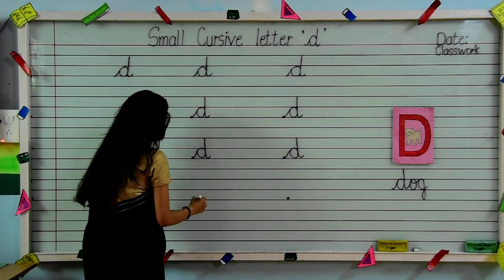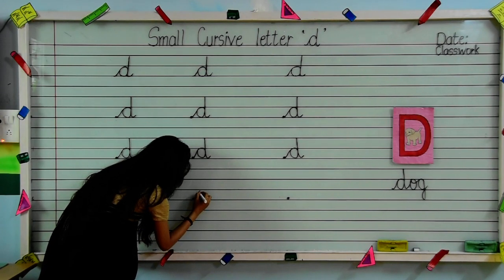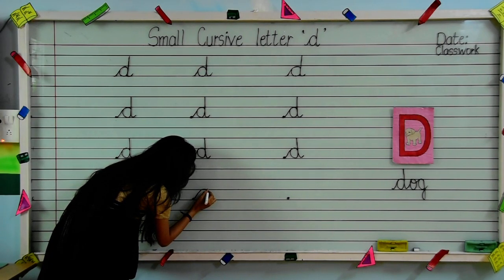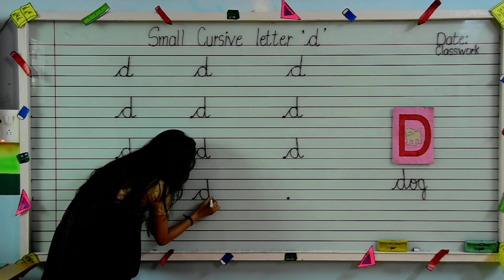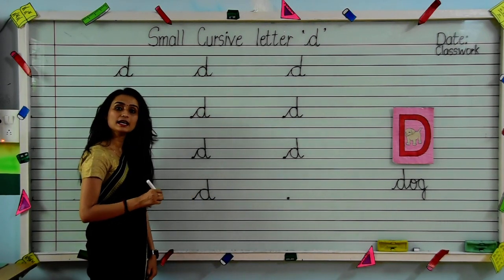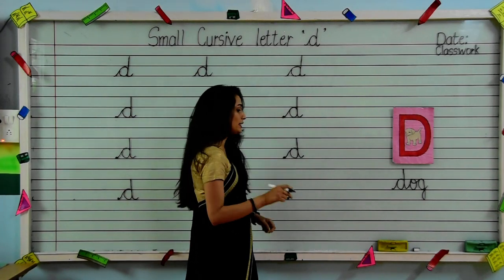Come on the next dot. Pay attention, look over here, kids. Slanting line up, make a curve, make a circle, go up straight till the first line, come down, make a standing line and a tail. Come here, and for the last time I am making it.